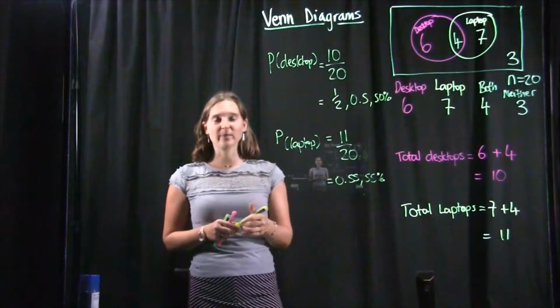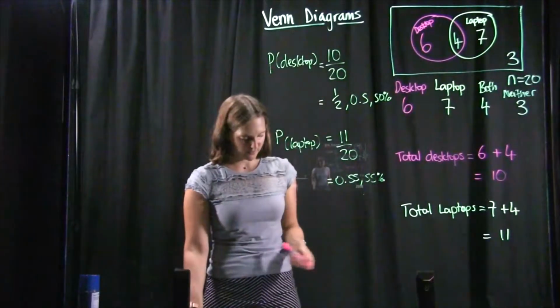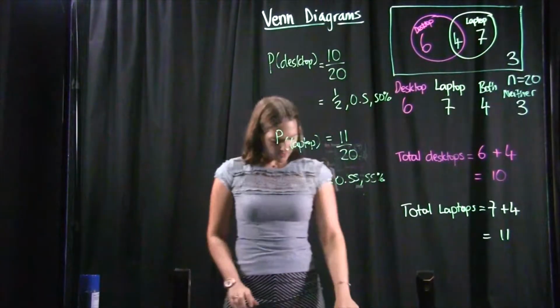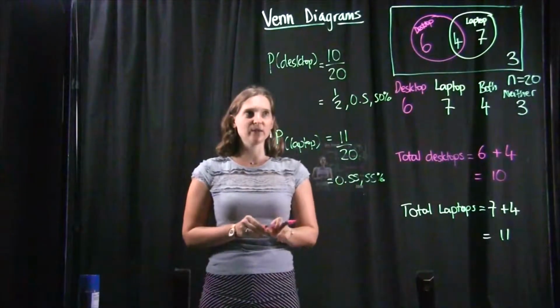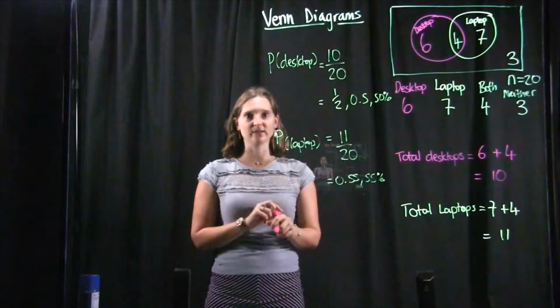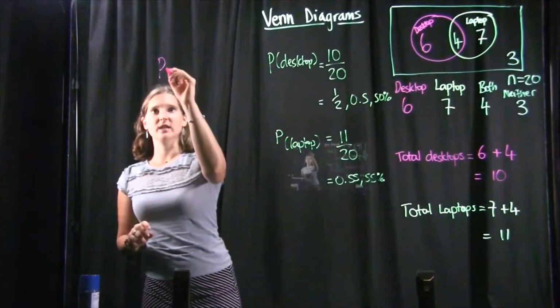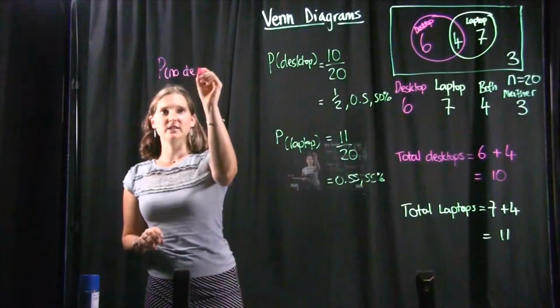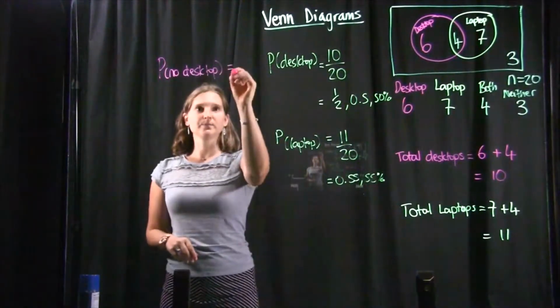So we now know the probability of picking a person who had a desktop or a laptop. And we can work out whether people had no desktop in one of 2 ways. So let's try these 2 examples over here. If they do not have a desktop, there's the long version.